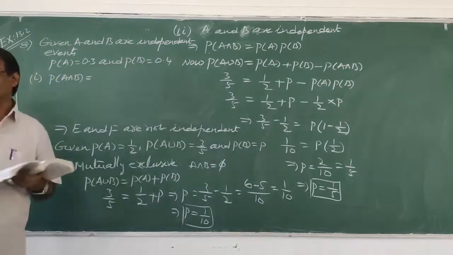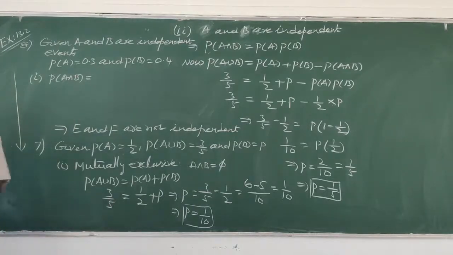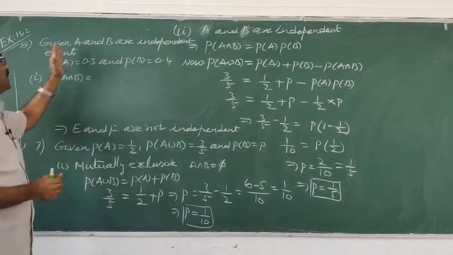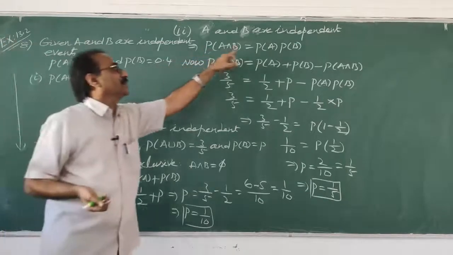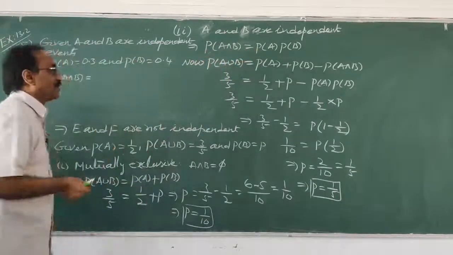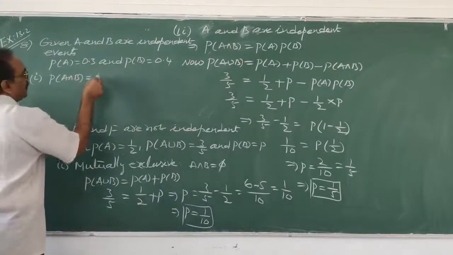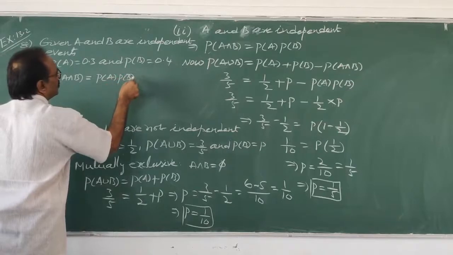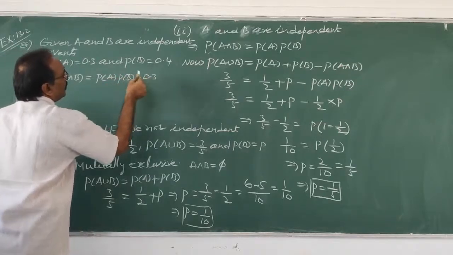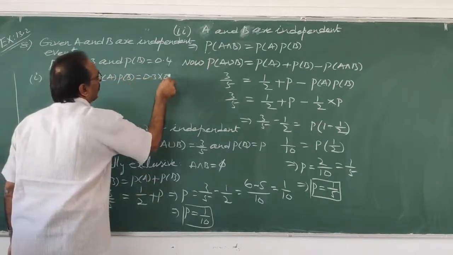So, question number 1, whenever it is given, immediately in our mind, what is A and B? Independent. Independent means their intersection is nothing but their product. That you have to remember. So, P of A intersection B is P of A into P of B. What is P of A? 0.3. What is P of B? 0.4.